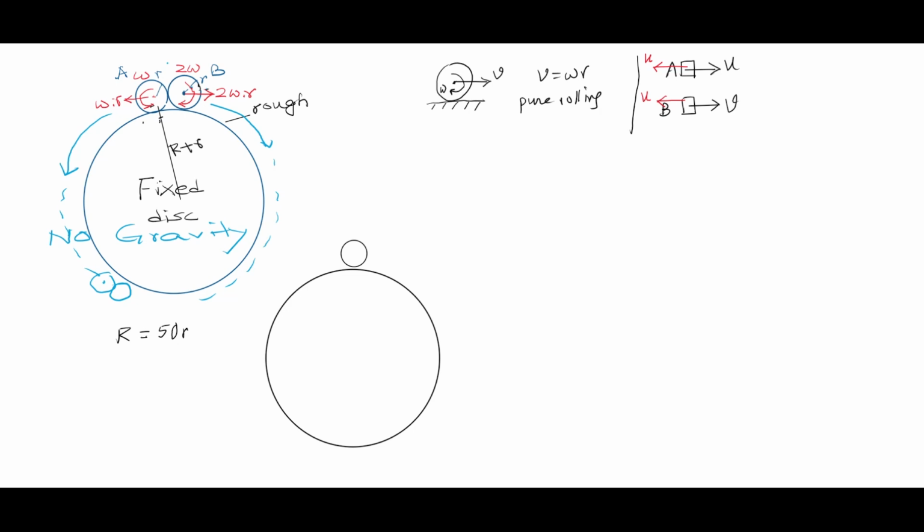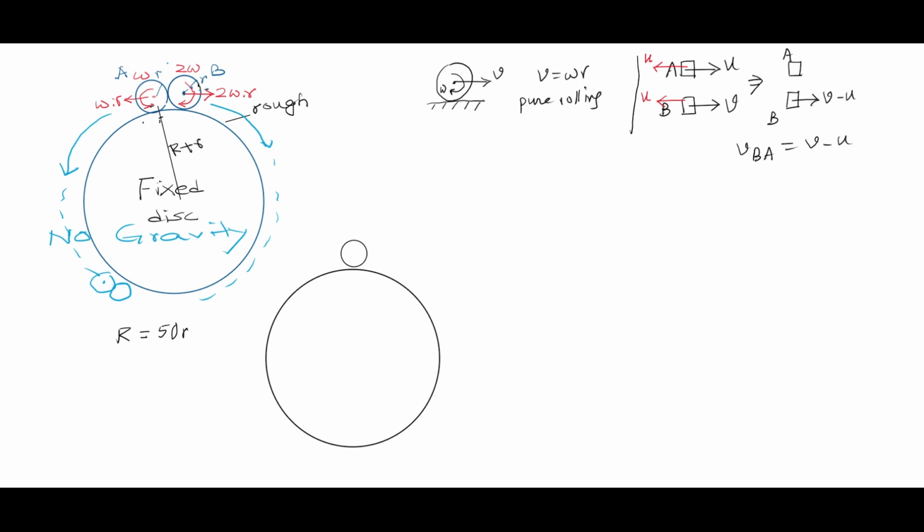And we will now study the result. A has come to rest, its velocity is u minus u, 0, and B is moving with a velocity of v minus u. So this is A, this is B, and this velocity of B, v minus u, is called the velocity of B with respect to A.